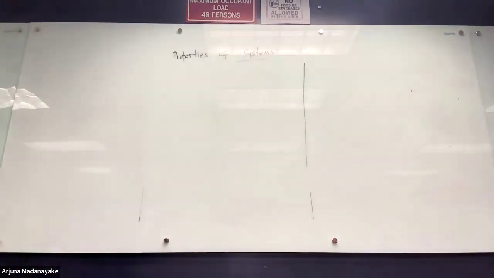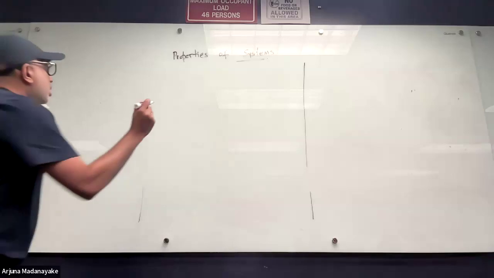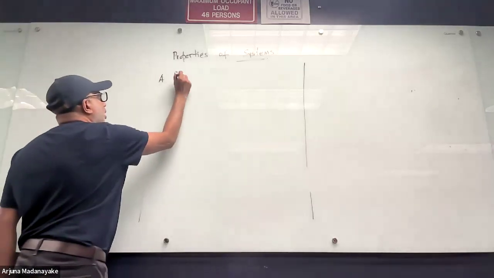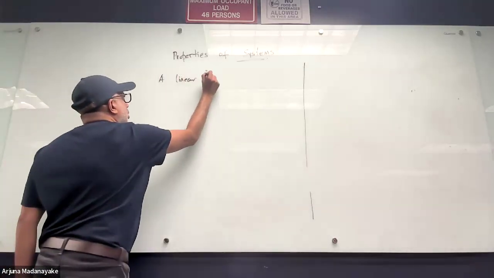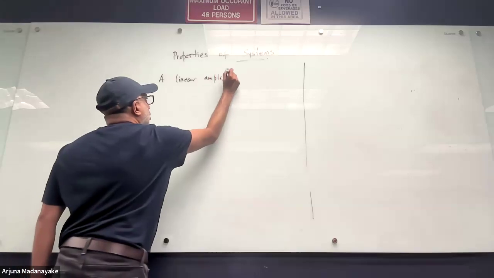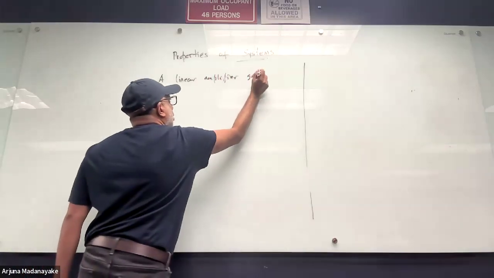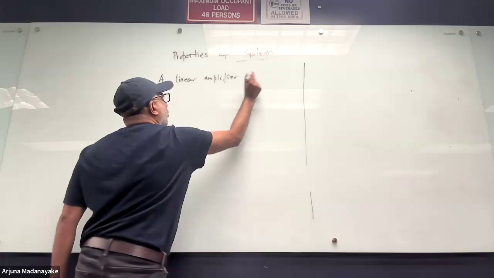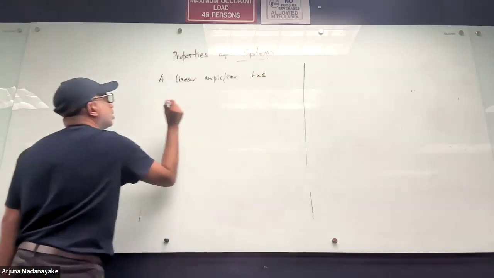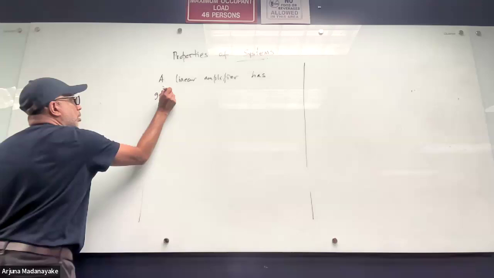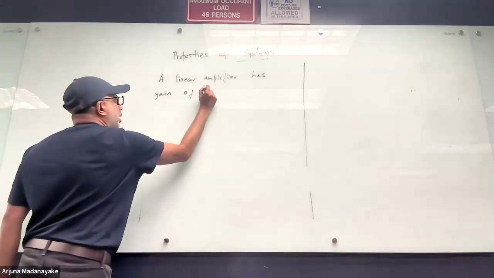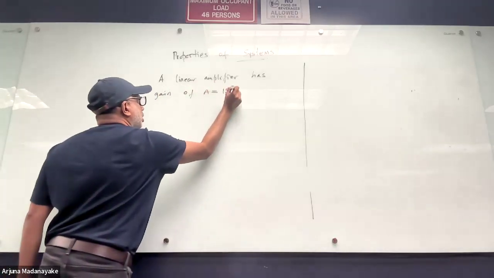Okay. So let's do a problem. Let's say a linear amplifier has gain of A equals 15.